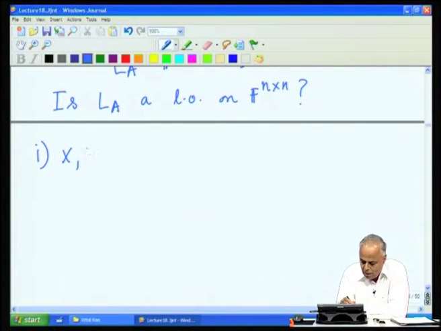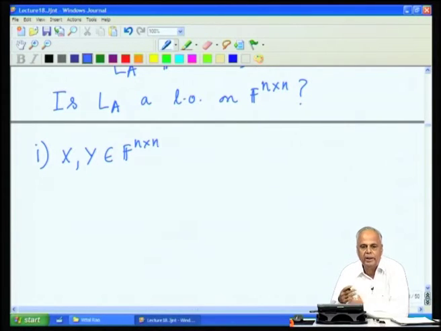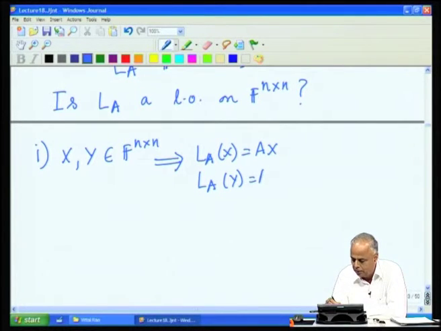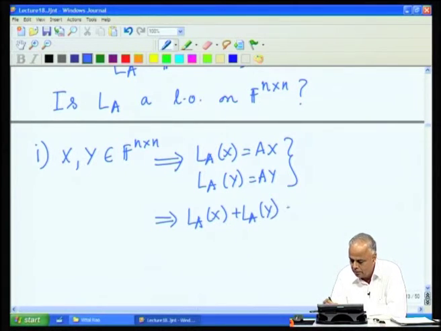So, if we have x and y in Fn cross n, these are the two vectors in the vector space, because we have chosen the vector space to be the vector space of all n by n matrices, and by our definition LA of x is left multiplication of x by A, LA of y is left multiplication of y by A, and that says LA of x plus LA of y is Ax plus Ay.